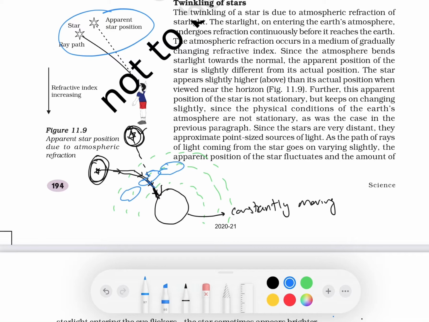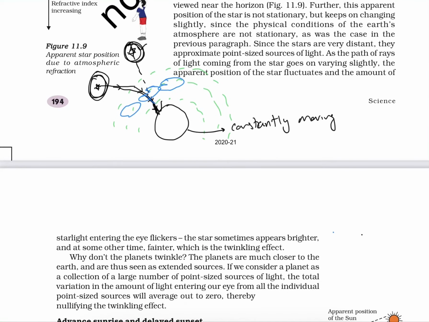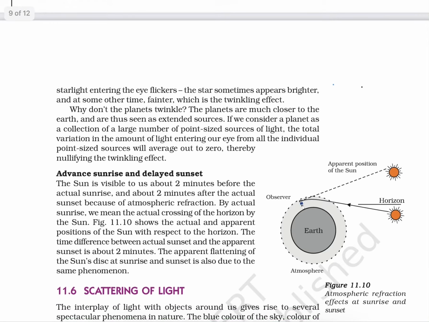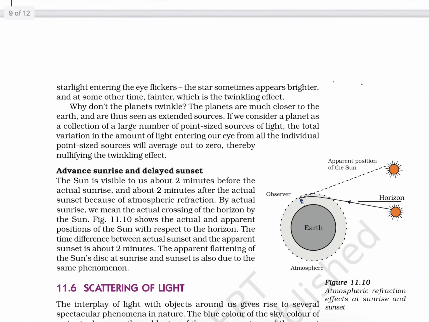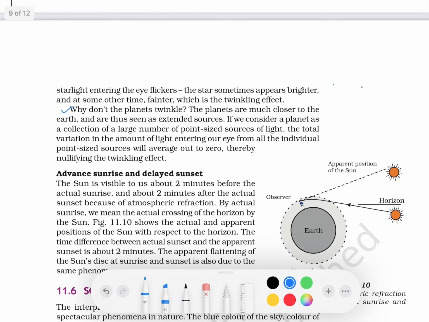It is due to the apparent position that sometimes the light rays are coming to your eyes and sometimes not, and due to that change in position, you get to see the twinkling of stars. Now another question arises: some planets are very close to Earth.